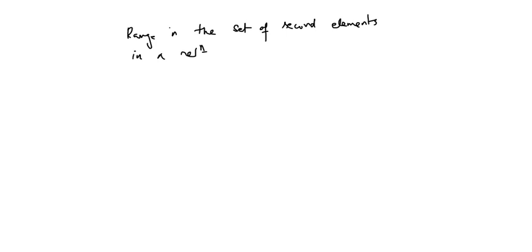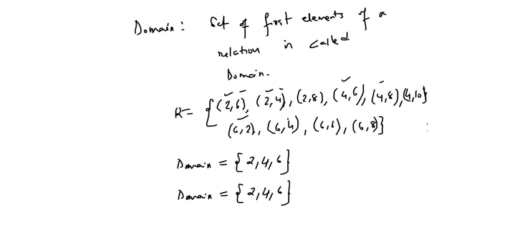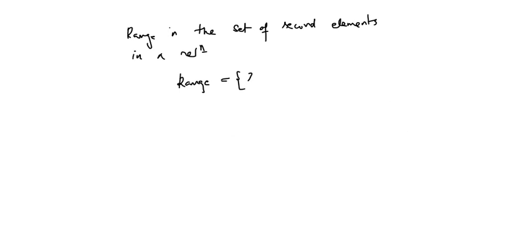So if we refer to that last one, what do you think will be the range? The range would be 6, then 6, then 4, then 8, right? So again 6 is there, again 4 is there, okay, 10 is there, 2 is there. So the range would be 2, 4, 6, 8 and 10. This is the range of the relation.